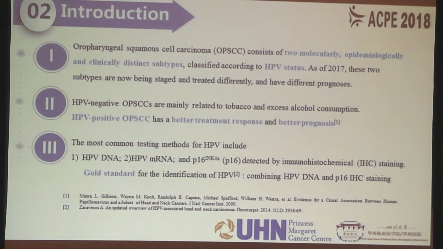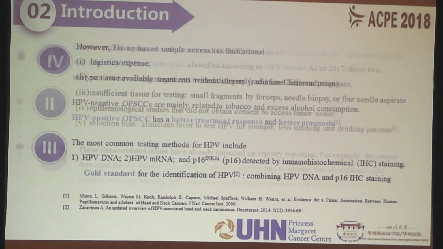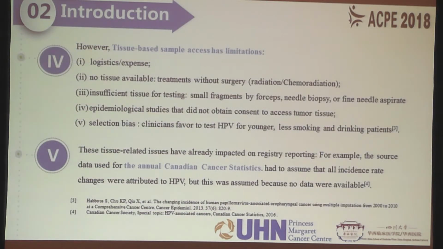However, HPV detection methods vary across the board. The most common testing methods for HPV include HPV DNA detection, HPV mRNA testing and p16 immunohistochemistry. The methods mentioned above are mainly tissue-based techniques, and all of them have some limitations.